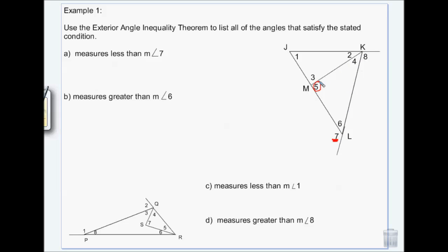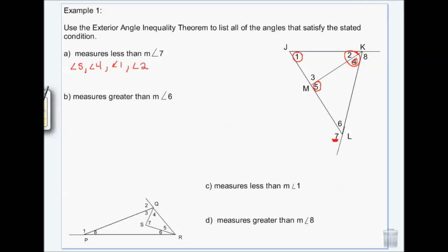So these are the two remote interior angles in that triangle. We can list those, angle 5 and angle 4. We also have the big triangle, see that? And angle 7 is an exterior angle to the big triangle as well, triangle JKL. So it would be greater than angle 1 and then greater than this whole angle, which is 2 plus 4. But we already knew it was greater than 4. So it's greater than angle 1 and greater than angle 2.